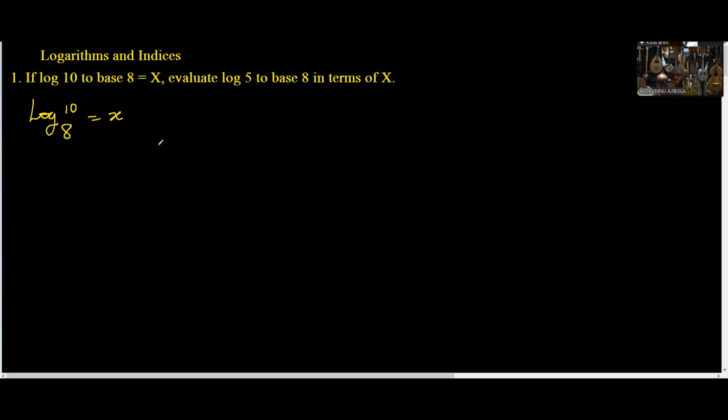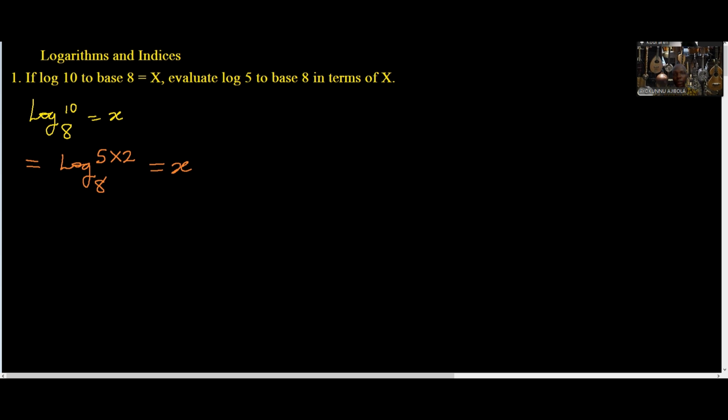But we can split 10 into 2 times 5, right? Because we have a 5 here, okay? So this would be log of 5 times 2, giving us 10, still base 8, equal to this x.